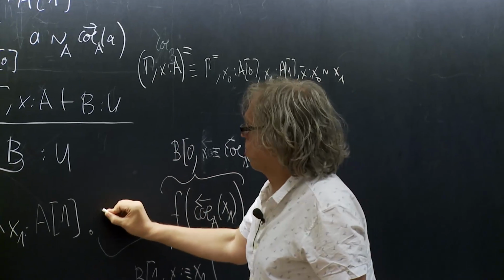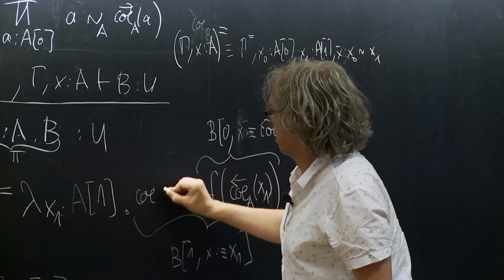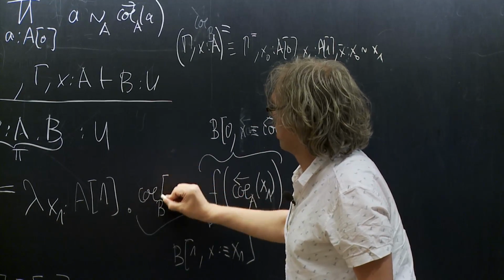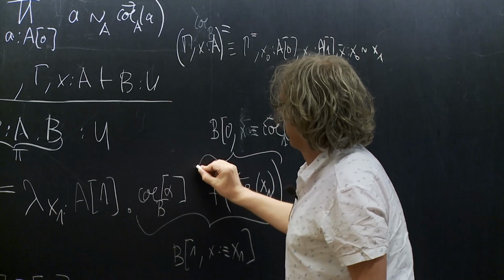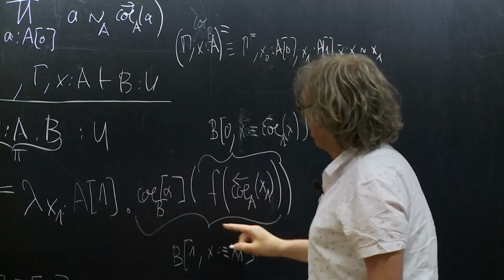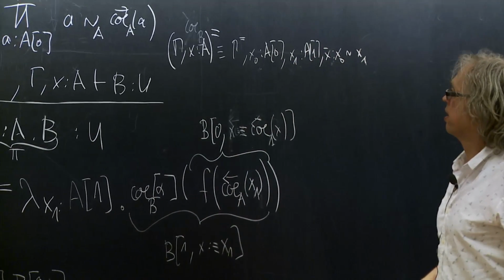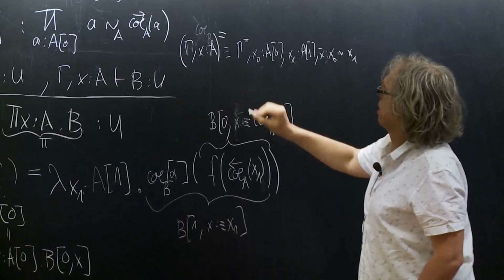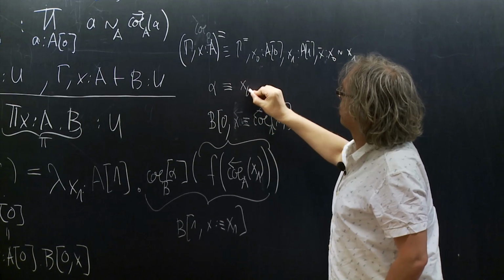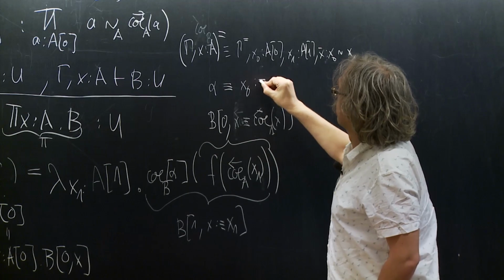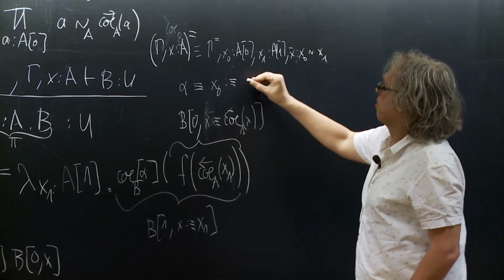So how do I do this? So I do coe B up to a substitution which I call alpha, and I apply this here. And this substitution alpha works as follows. So alpha sends x0 to coe x.